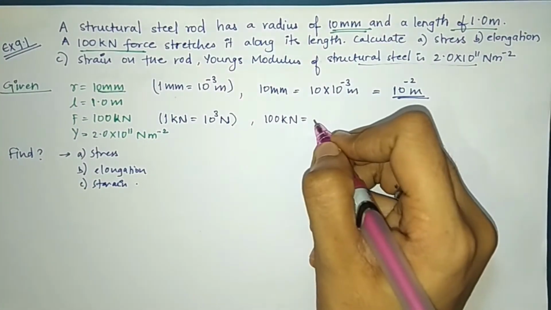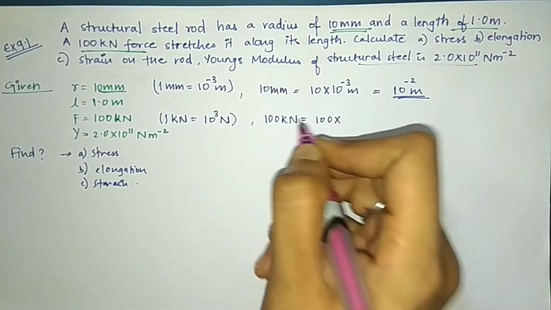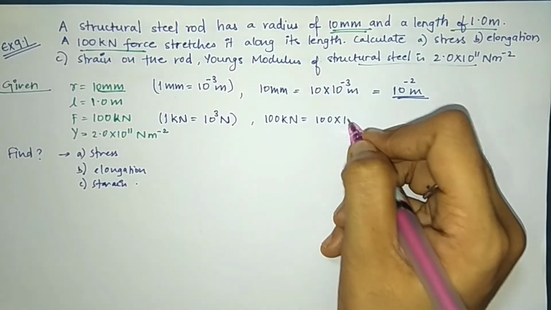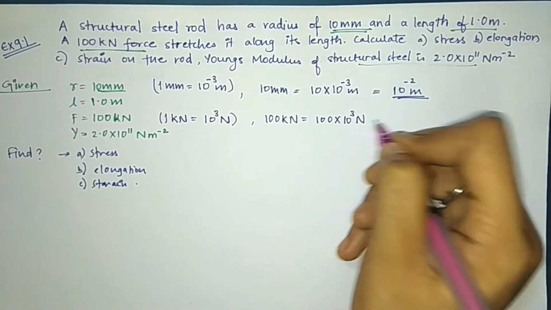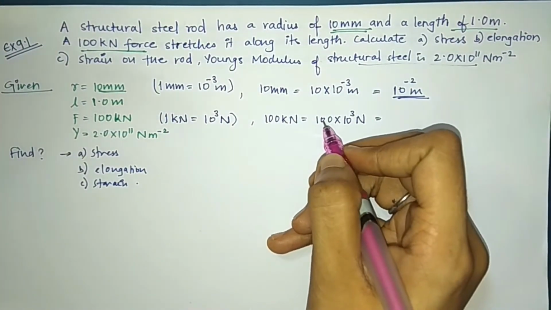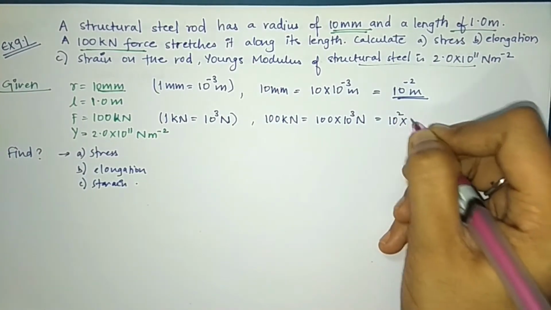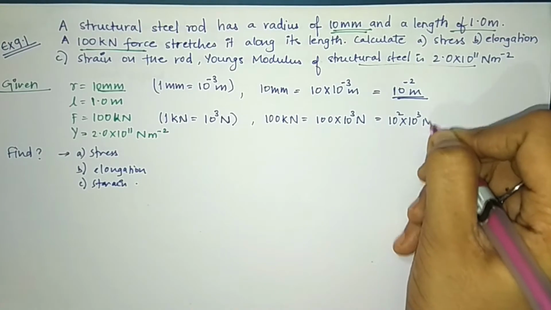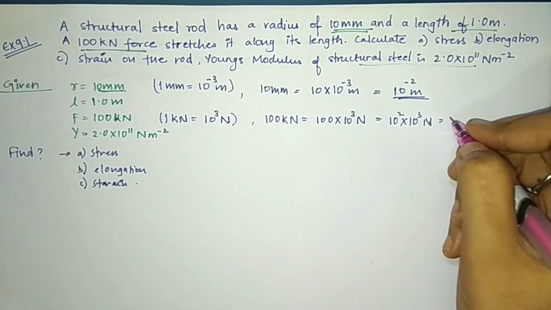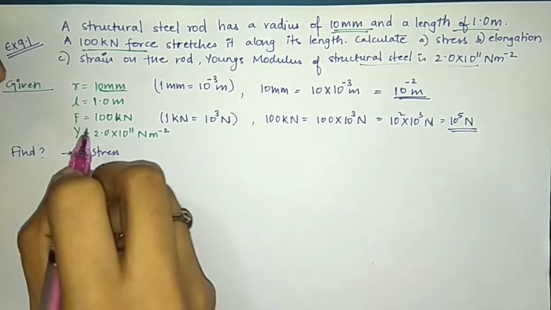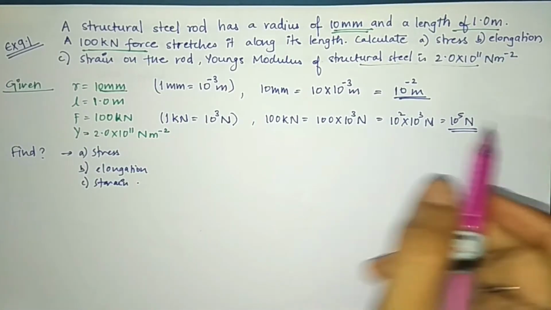It will be 100 times 1 kilonewton, so 100 is 10^2 and this is 10^3, giving 10^2 times 10^3 Newton. So it is 10^5 Newton. The force is converted into Newton, that is SI units.